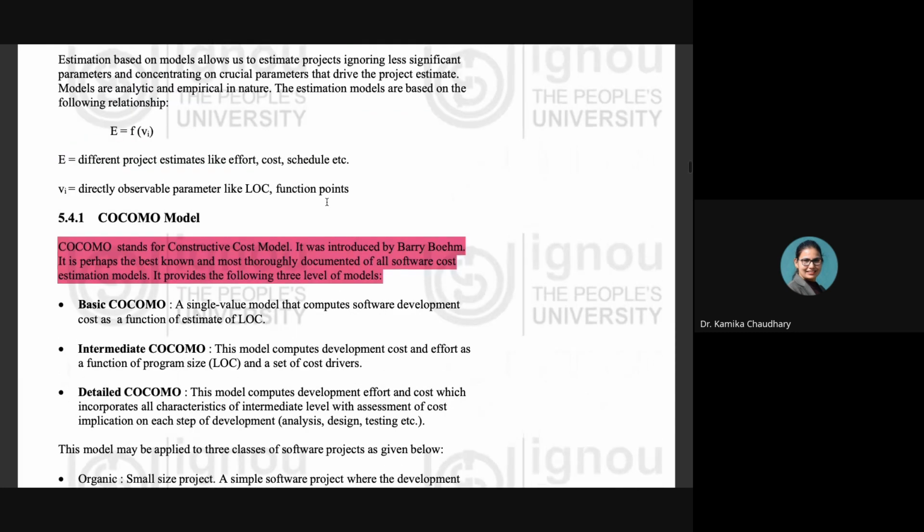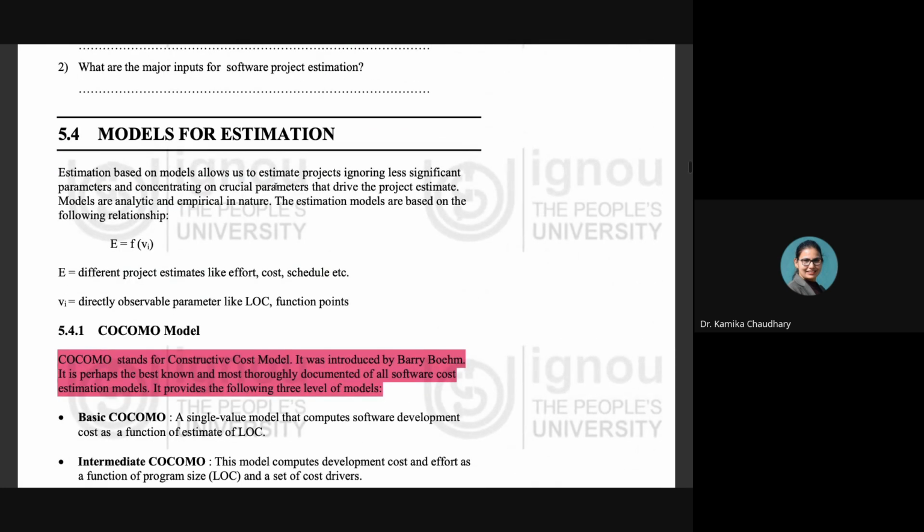The first model is the COCOMO model. You call it the COCOMO model, right? The estimation models are mainly dependent on a particular relationship, which reads like this: E = f(v_i). Now, what is this E?